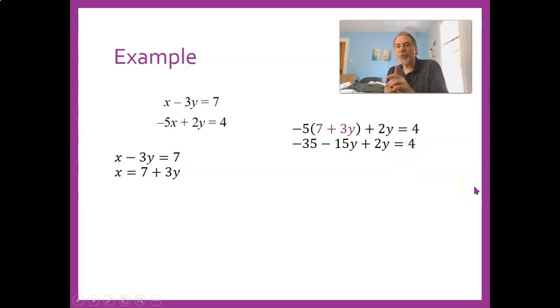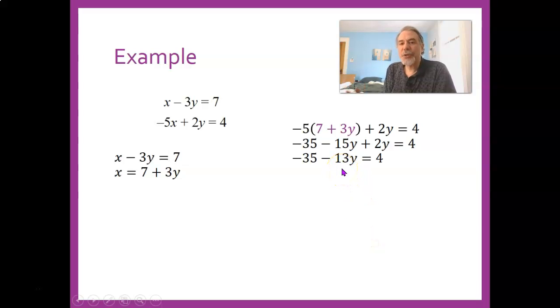Then the next step I would do is, if there are like terms that are already on the same side of the equation, I would go ahead and combine those. So right now there are 3 terms all on the left side. There's a negative 35, there's a minus 15y, and there's a plus 2y. And the y terms I can combine into negative 13y. The negative 15y plus the 2y gives me negative 13y.